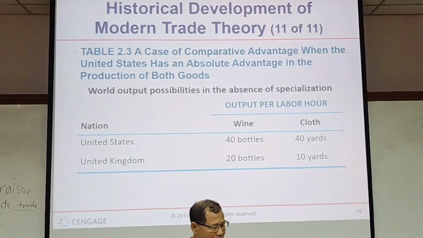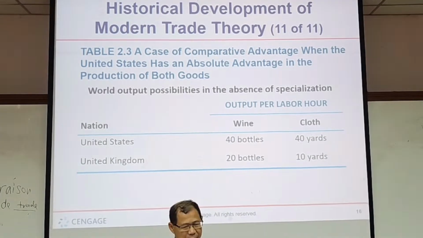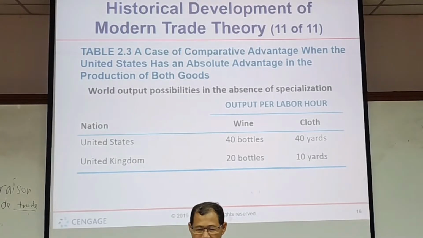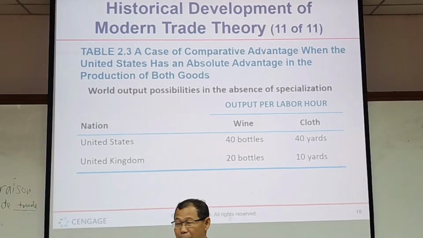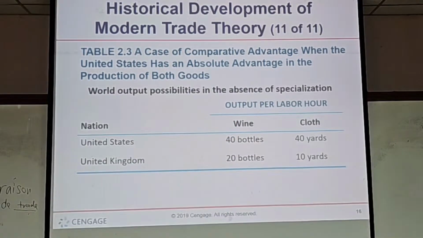I developed another configuration in which trade can still happen. I'm going to show you. We should not be looking only at absolute advantage, we should be looking at comparative advantage. Mutually advantageous trade is possible even if one nation has absolute advantage in both products.